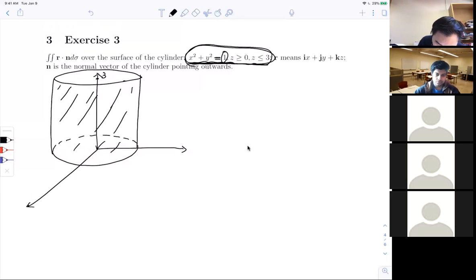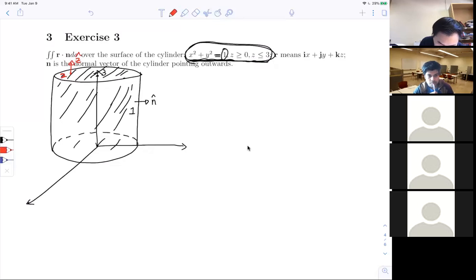Let's call this cylinder surface 1. When you choose a surface, you always need to specify the normal direction of that surface. Here the problem tells you it is pointing outwards. Let's call this upper disk surface 2, in red, and assume the normal vector is pointing upwards.